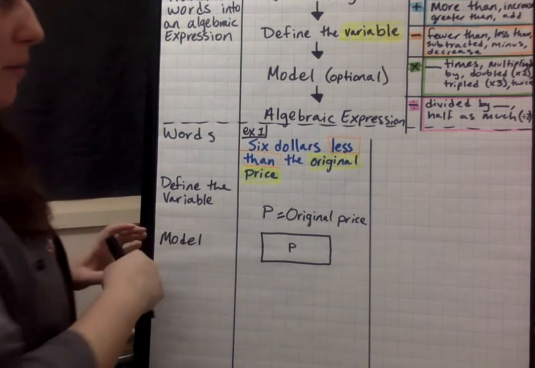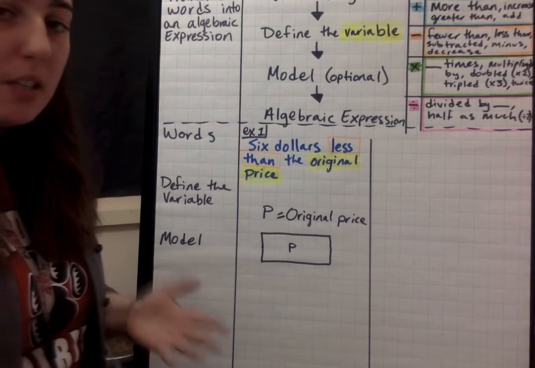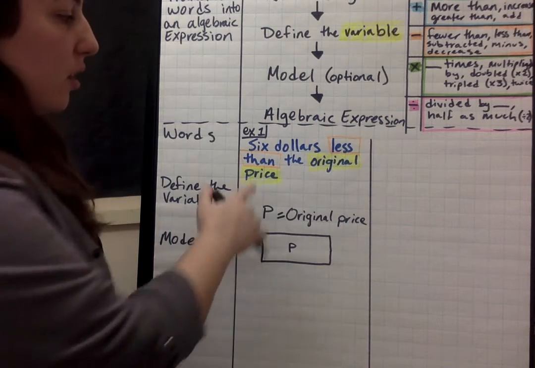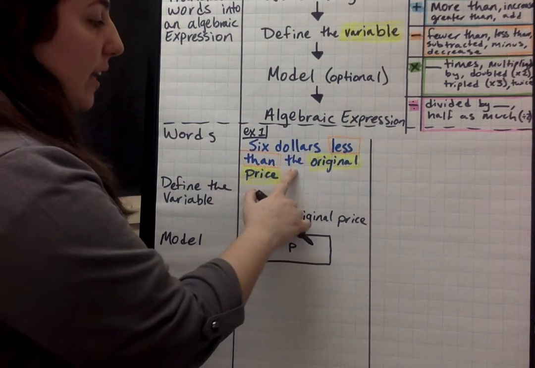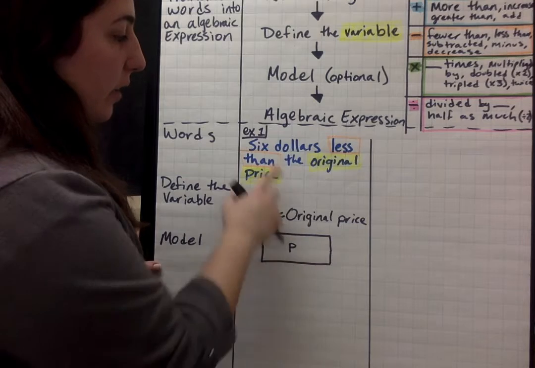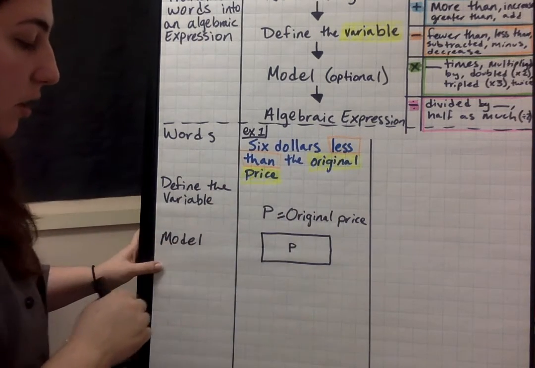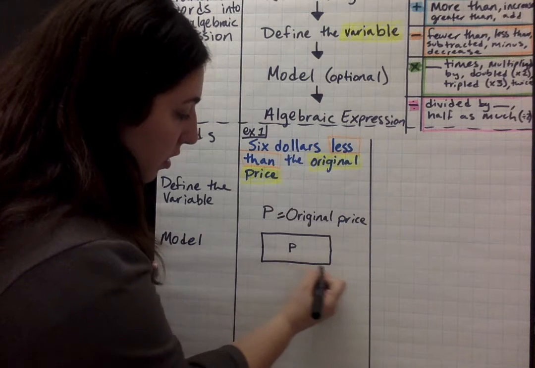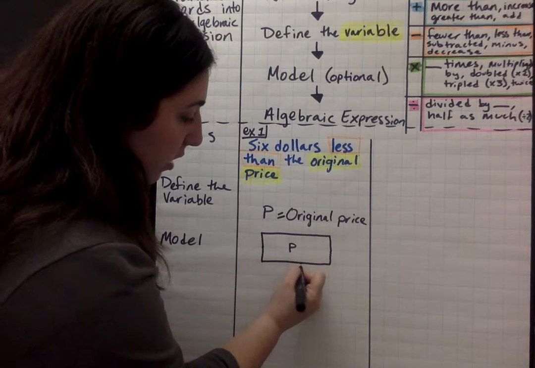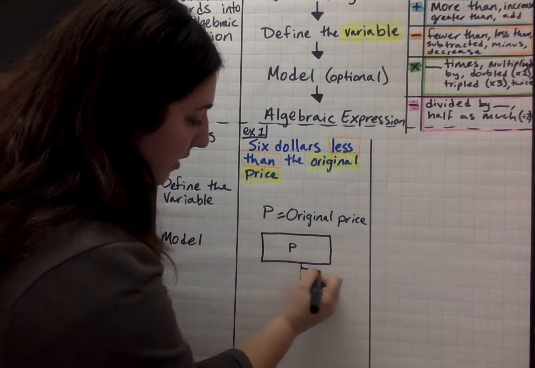So we know that whatever we're trying to find, our algebraic expression, the end product, is going to be $6 less than the original price. So if this is the original, I know that it's $6 less than it. Okay, so I'm going to just kind of use another diagram to show $6 less than.